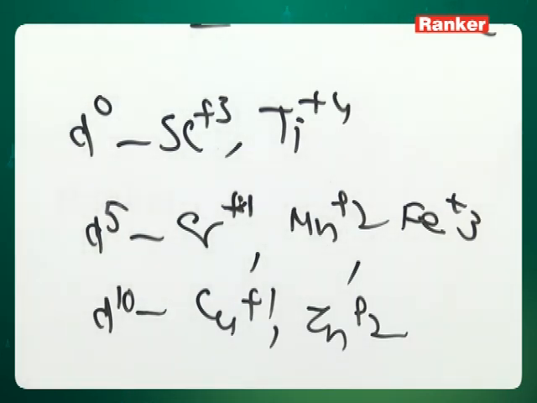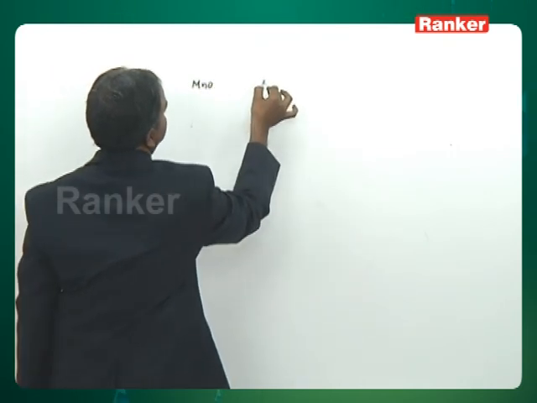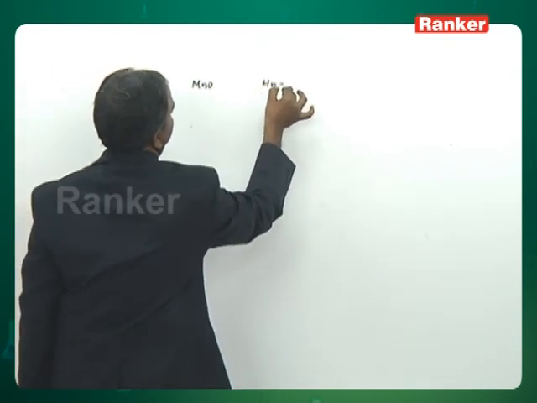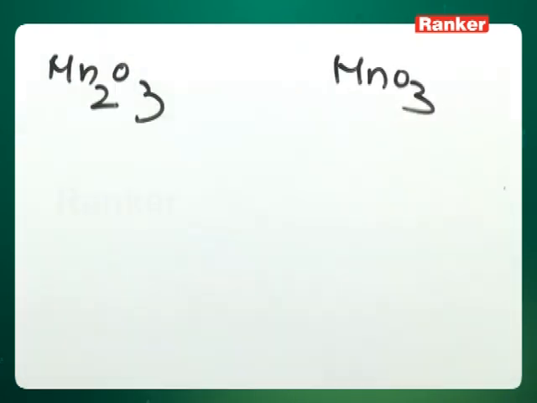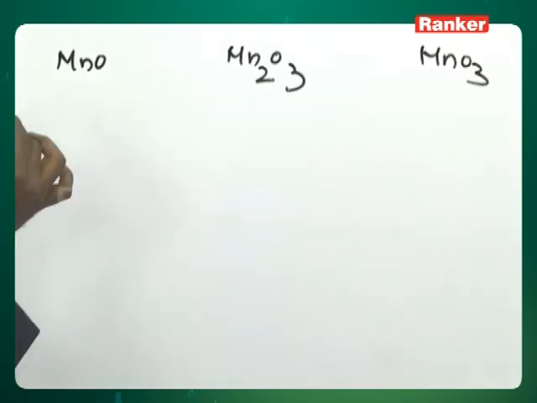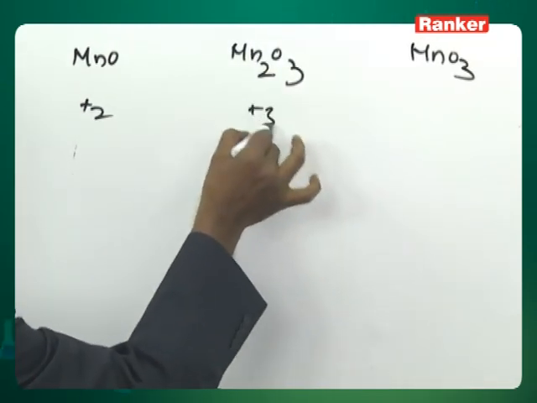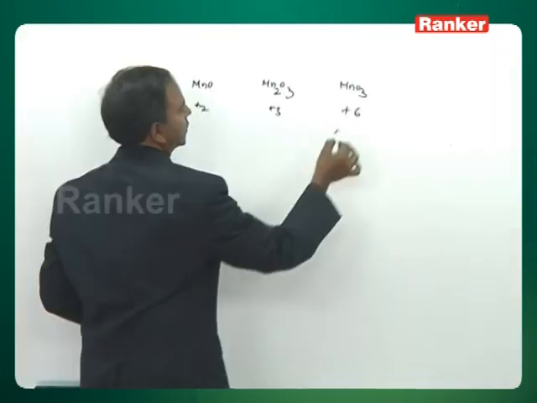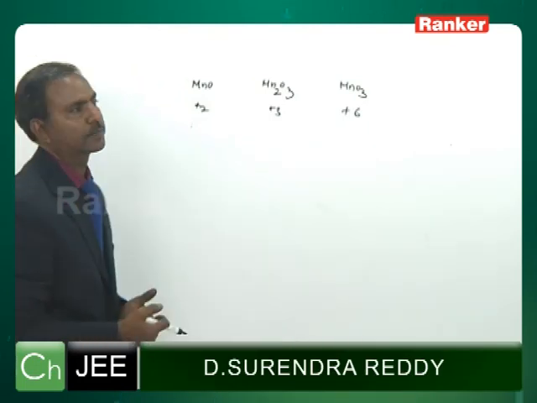Next, you are given compounds like MnO, Mn2O3 and MnO3. What is the oxidation number of manganese in each? +2, +3 and +6.